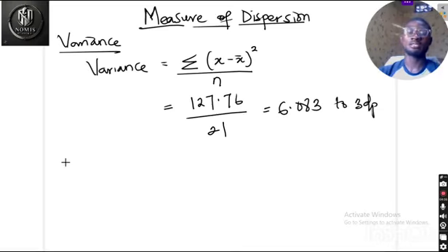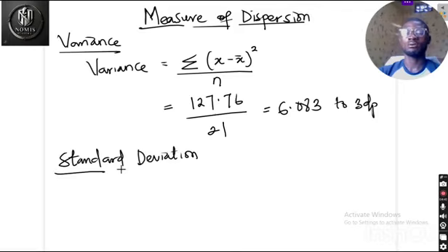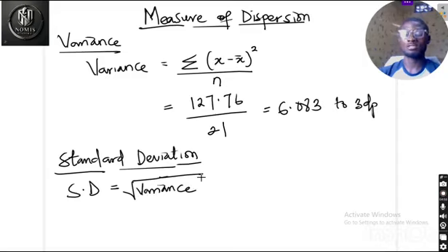Now the next is standard deviation. So what are we going to do? Standard deviation is just the square root of variance. Whatever variance gives to us, the square root of variance gives us standard deviation.